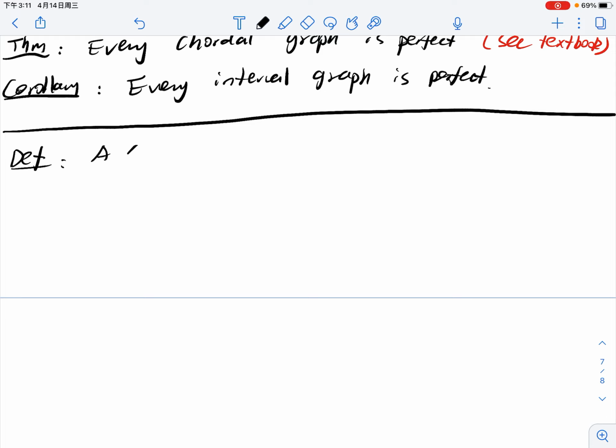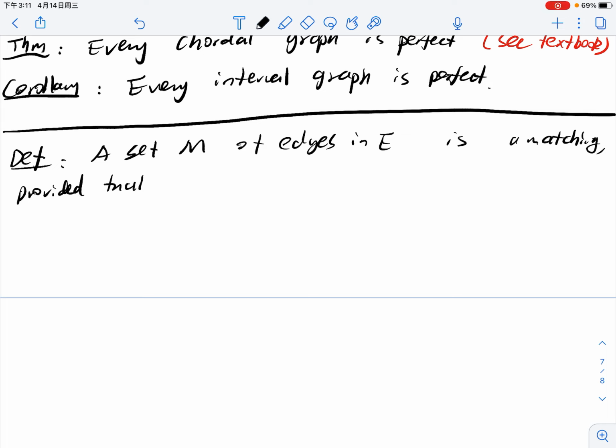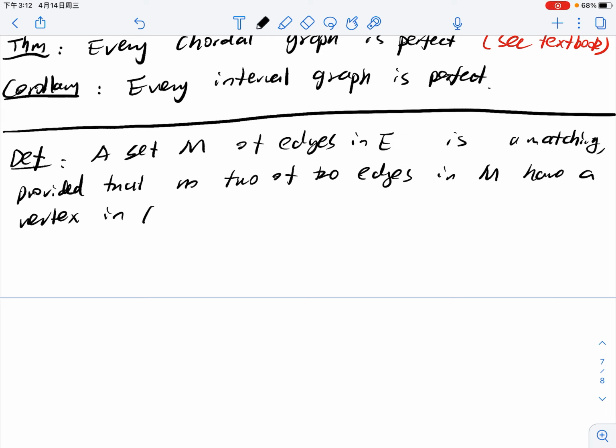So a subset M of edges in E is a matching provided that no two of the edges in M have a vertex in common.